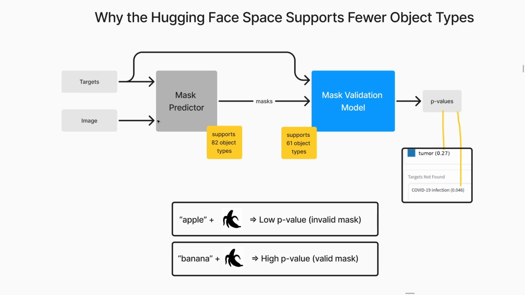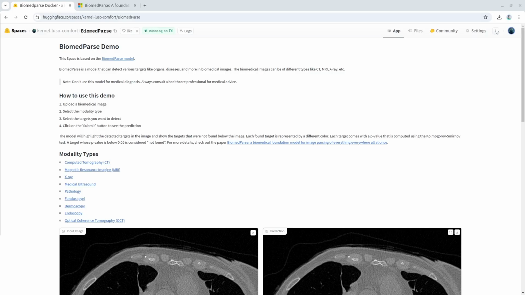The first model, the mask predictor, supports 82 object types, but the mask validation model only 61. I wanted to make sure the app provides reliable results and notifies you when a target isn't found. That's why the Hugging Face space only supports 61 object types.